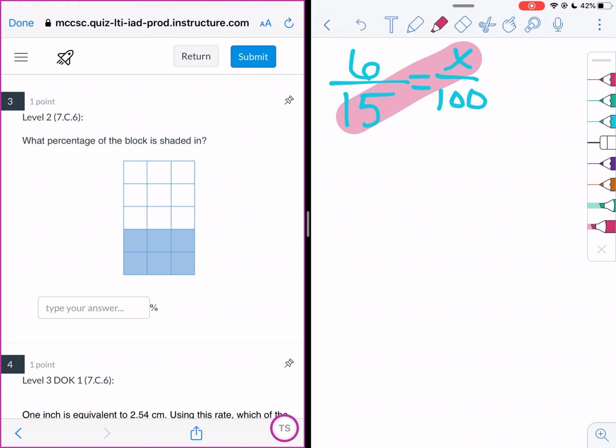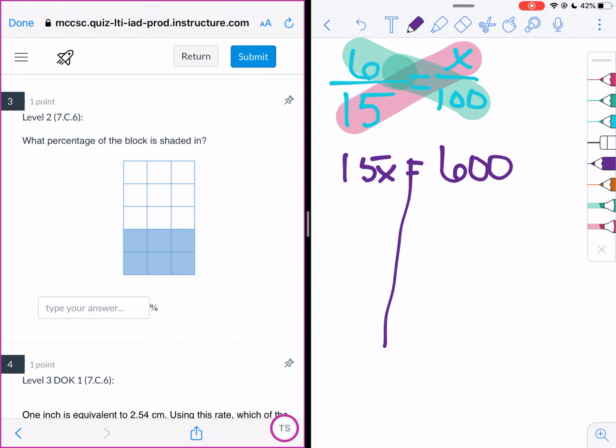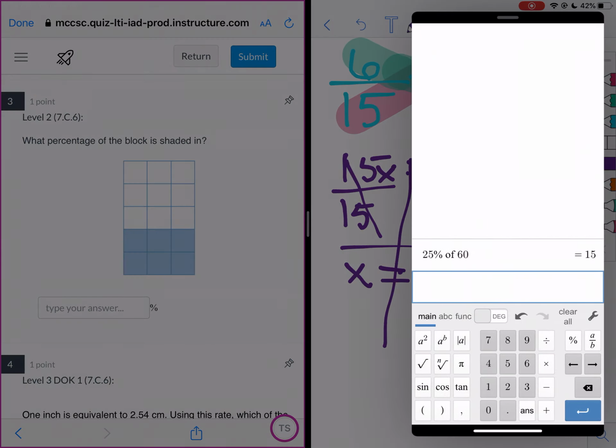So we can do our cross multiplying. So 15 times x gives us 15x, and 6 times 100 is 600. Divide both sides by 15. So 600 divided by 15 gives us 40.